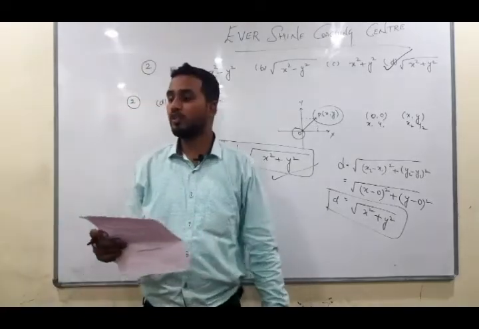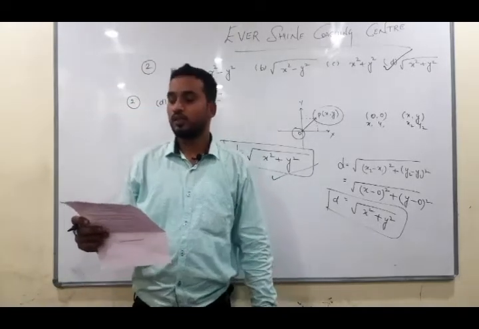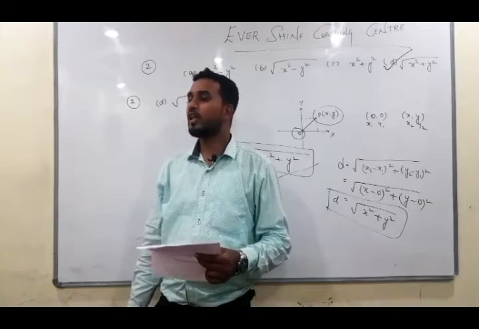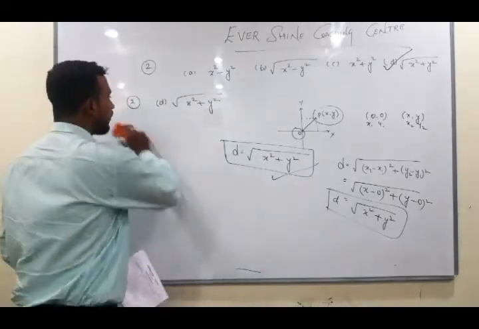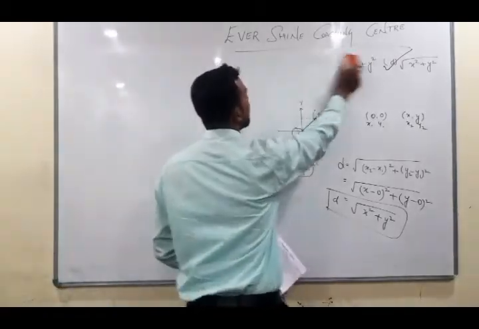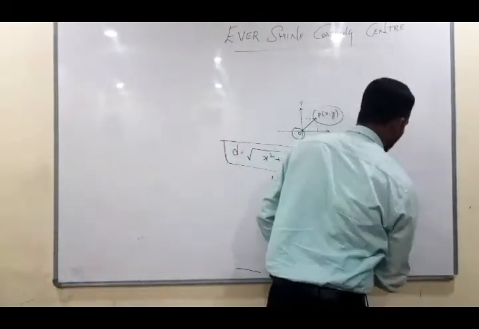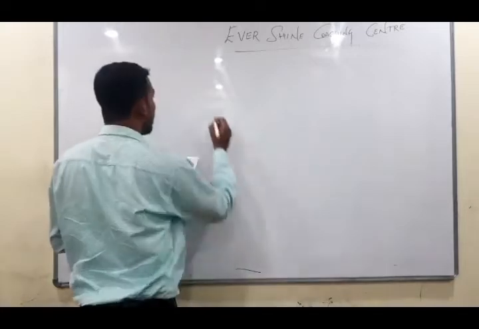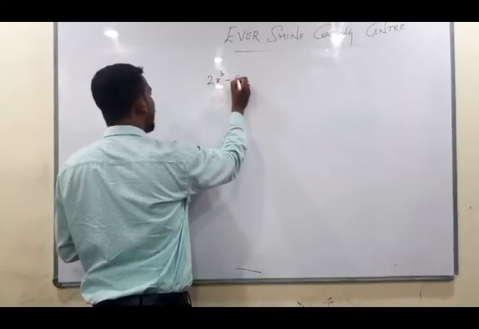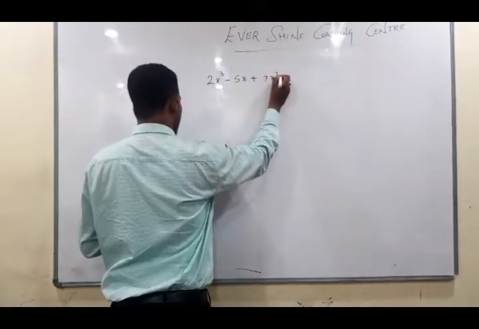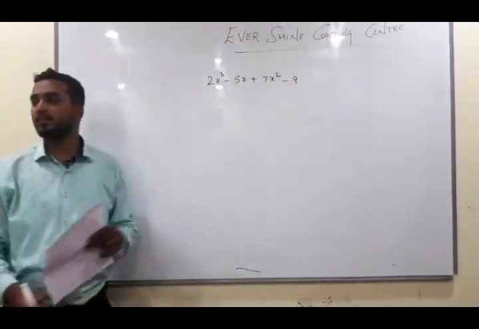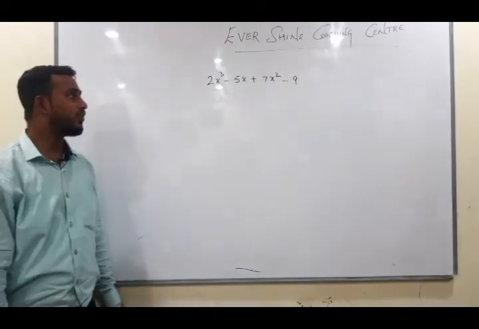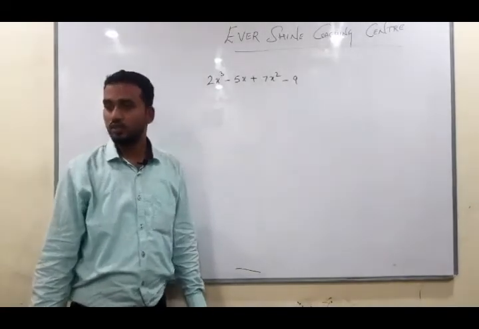Next question, take down. The degree of the equation 2x cube minus 5x plus 7x square minus 9 is, take down the options.